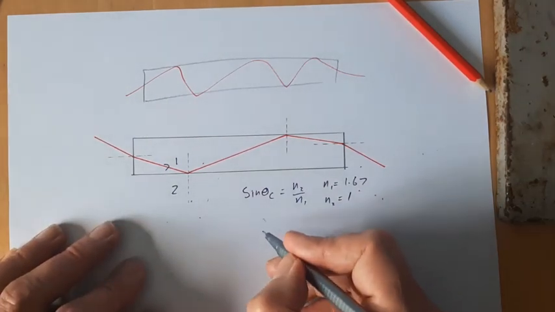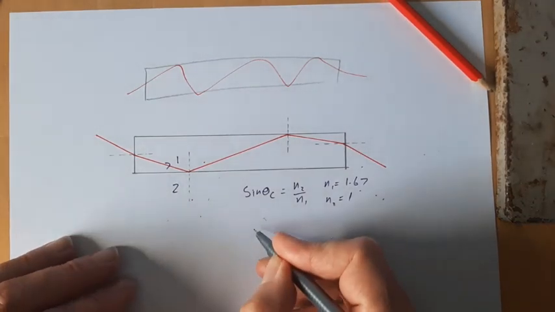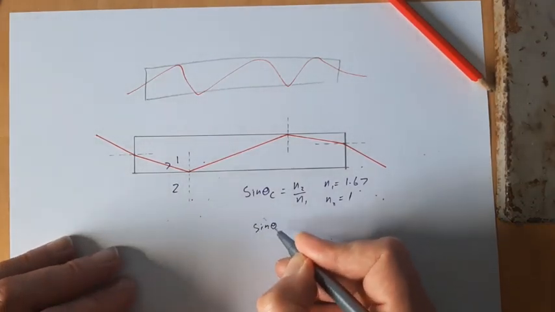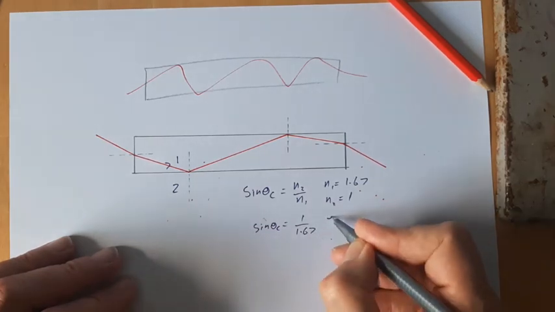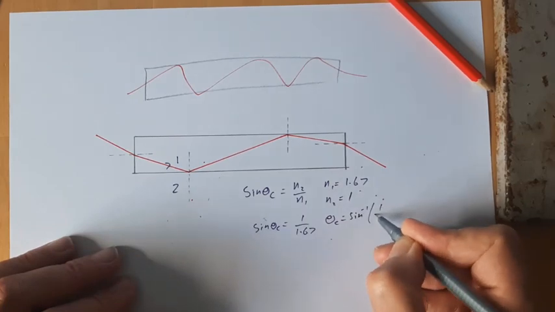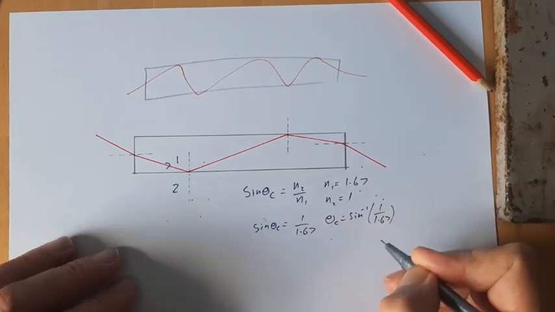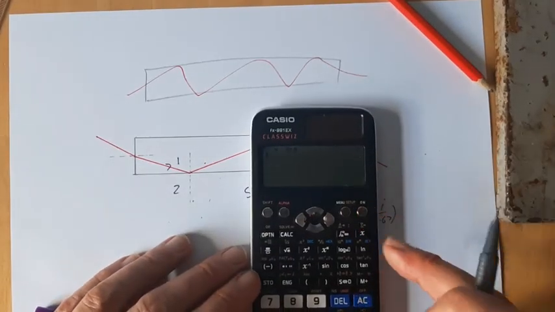So let's go about finding the critical angle. So pause the video, everyone calculate the critical angle for this fibre, and then we'll move on. So assuming you've done that, we've got sine theta c equals 1 over 1.67. So theta c equals sine to the minus 1 of 1 over 1.67. Let's do that on the old calculator.